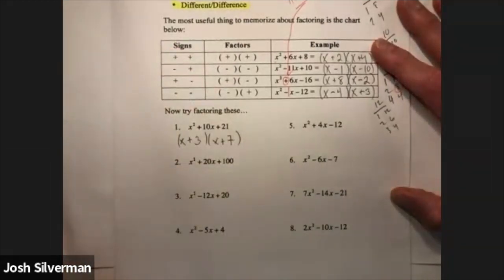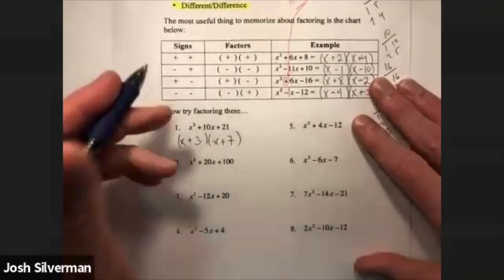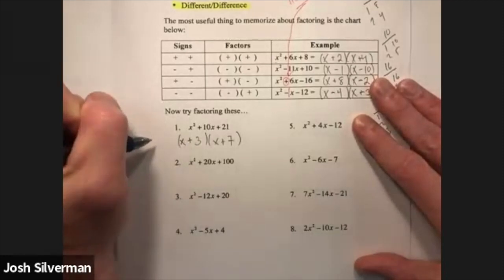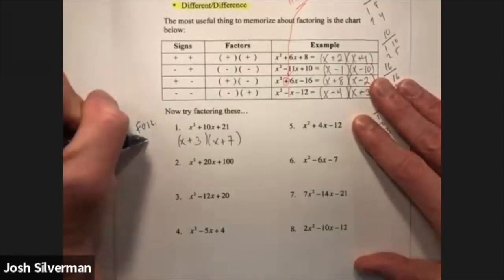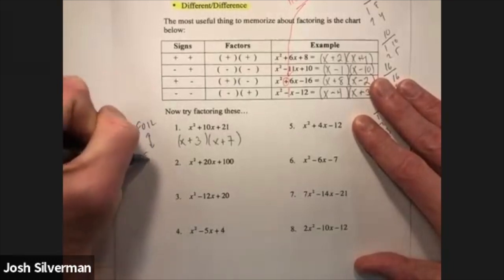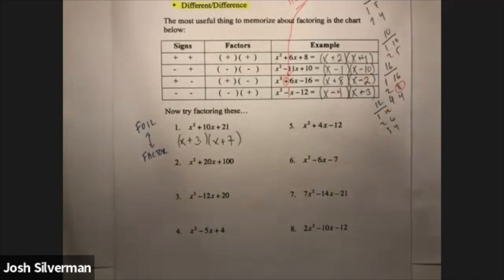And look, you can always check your answer by FOIL. FOIL is the reverse of factoring. FOIL and factor are in reverse of each other.